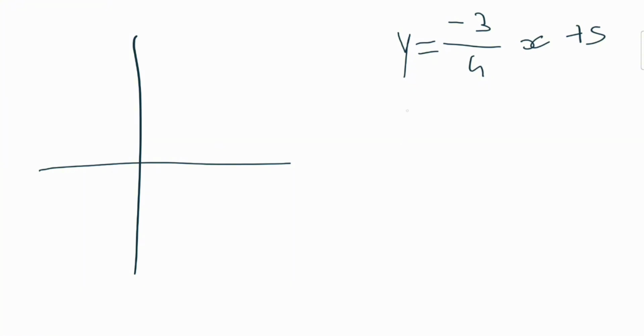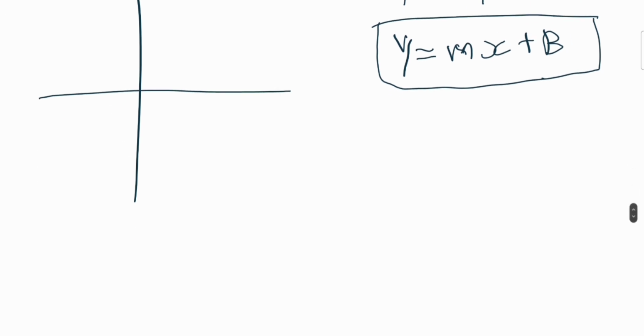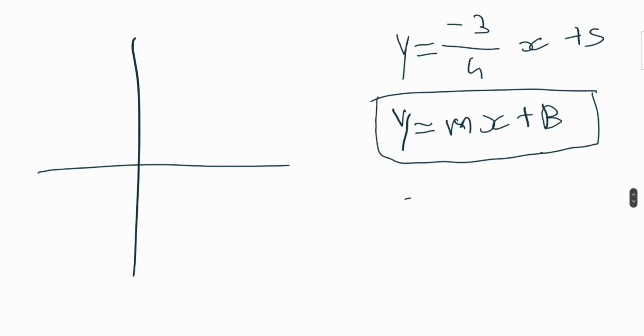Well, if you look at this equation, you'll notice it's in the slope-intercept form, mx plus b. By the way, this is called the slope-intercept form. So that means that the slope is going to be -3 over 4.